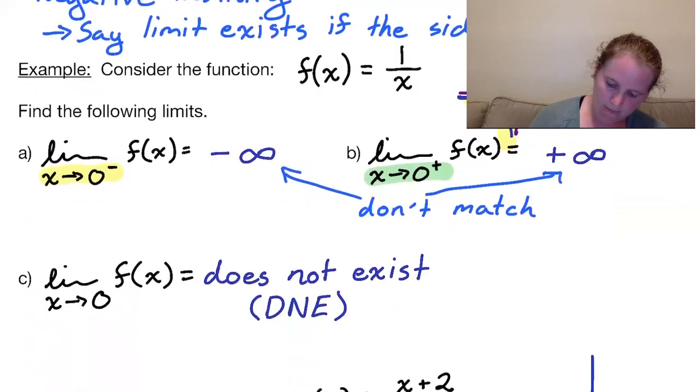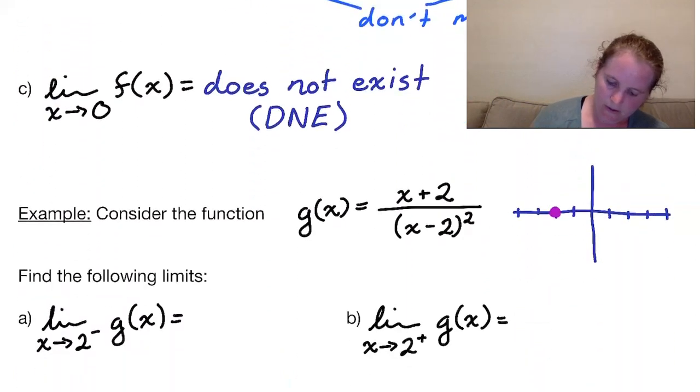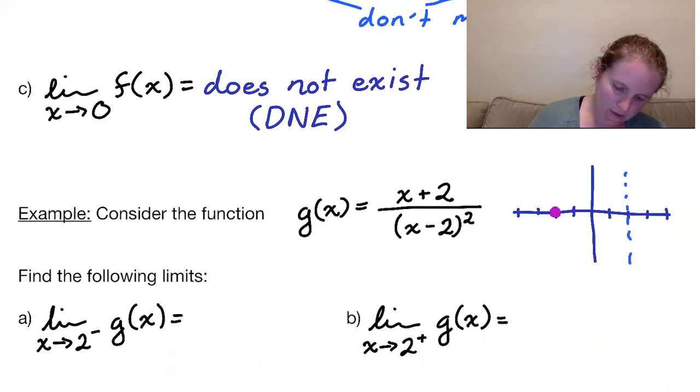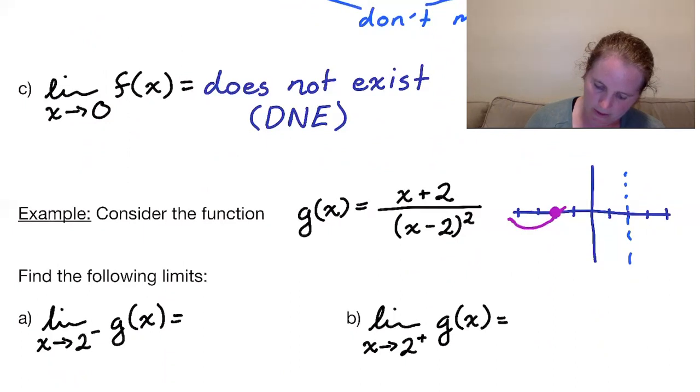And then at positive 2, our graph is undefined. So let's just make a break at positive 2. We'd be dividing by 0. So we start off negative. We go positive.